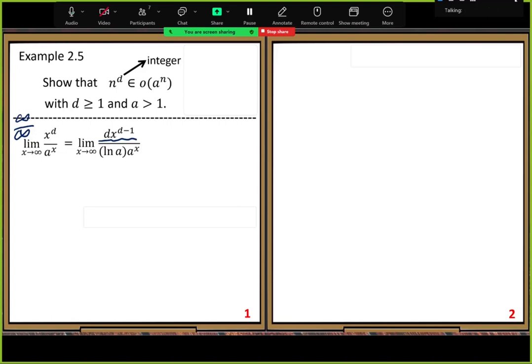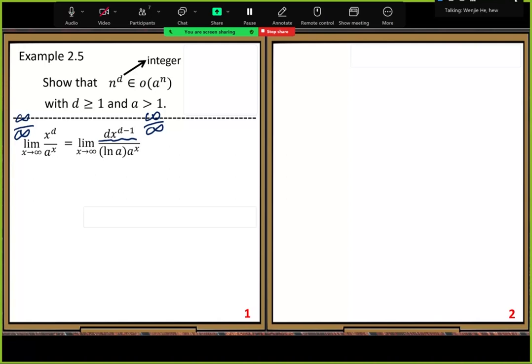But after the first round of L'Hopital's rule, we still cannot see what its limit is, because it is still an infinity over infinity indeterminate form. That means we need to apply a second round.